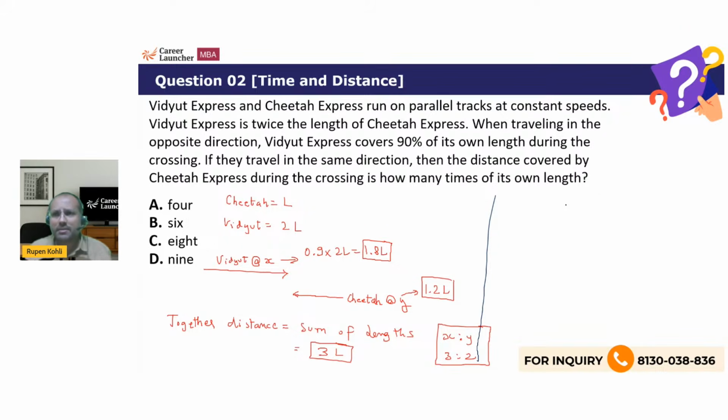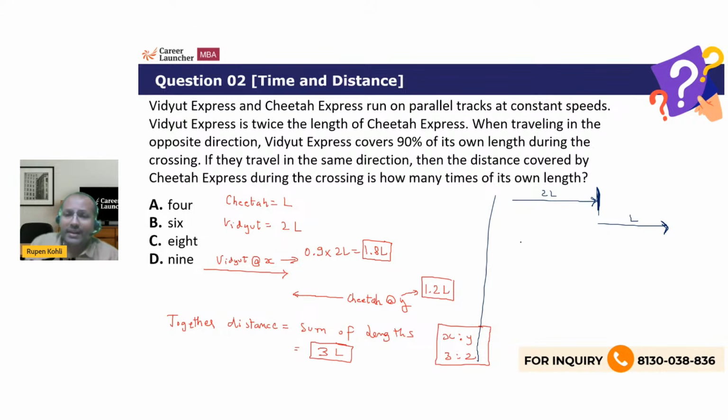In simple terms, crossing has to happen. So the train coming from behind, the faster train, the Vidyut Express, right? It has to cover a distance which is simply 2L plus L, 3L more than the slower train. This is L, this is length 2L. This train now has to cover a distance 3L more than the slow train.